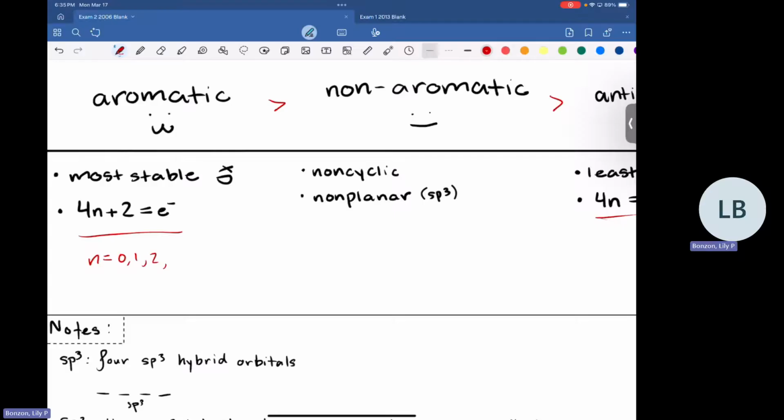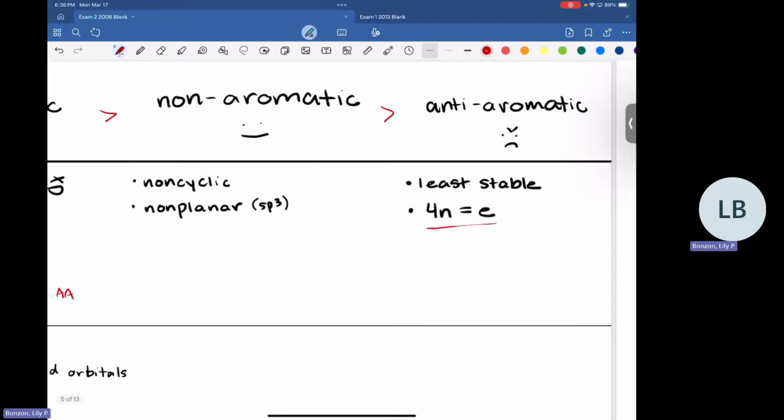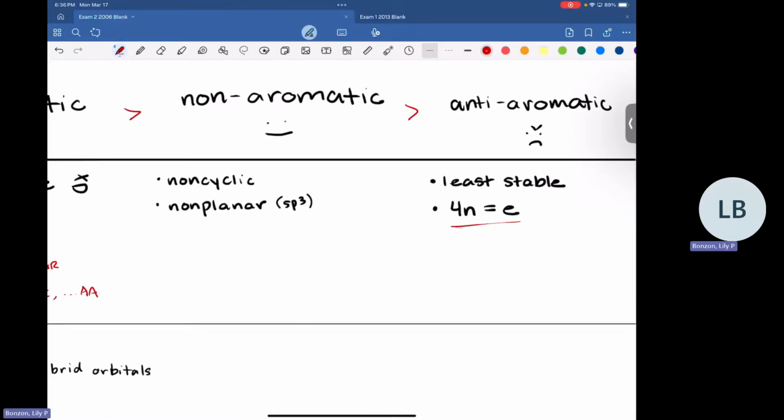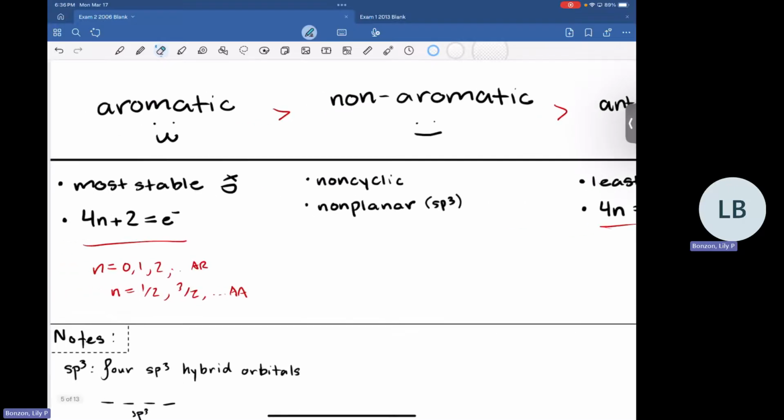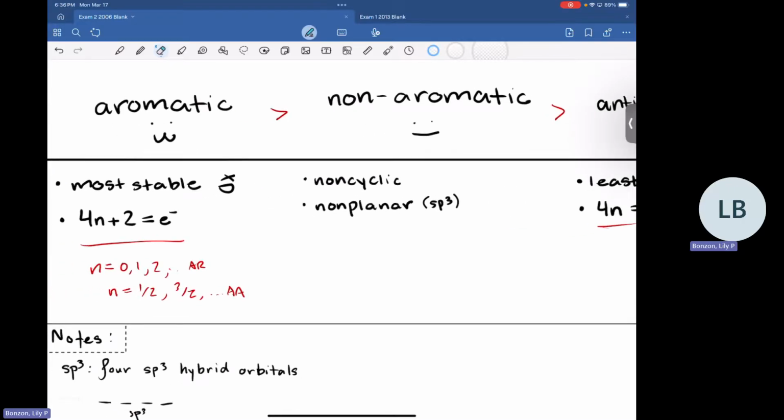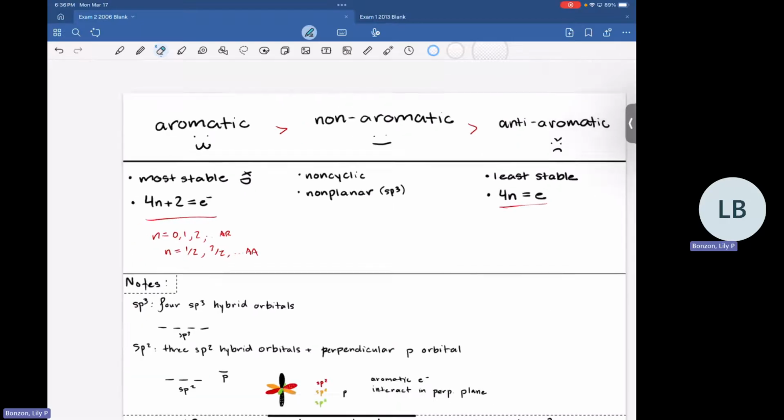If we get a fraction, like 1/2, 3/2, etc., with this formula, it would be anti-aromatic. If you're using the 4n rule and you get an integer, it'll be anti-aromatic, and a fraction would be aromatic. So you could just use one. Usually people just use the 4n plus 2 rule, and if they get a fraction, they know it's anti. If they get an integer, they know it's aromatic. You don't really have to memorize both, but there are the numbers.